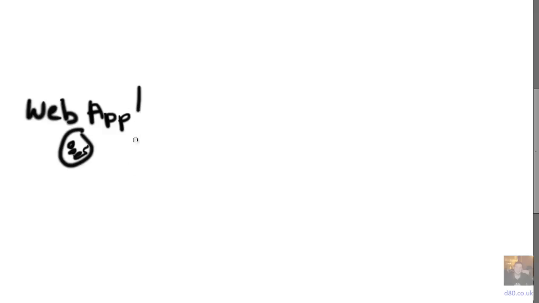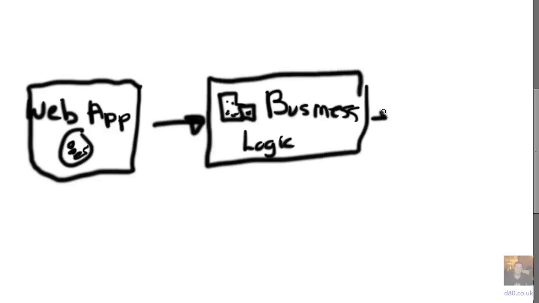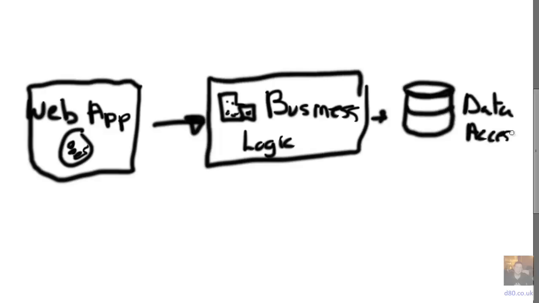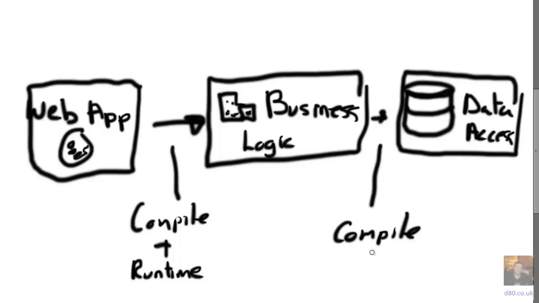So what we can say is that our web tier depends on our business logic tier, and our business logic tier, and this is the critical thing I suppose, depends on the data access tier. And we can say that this is for both compile time and also at runtime. So the application will not compile without those references in place, and the application won't run without those references in place.